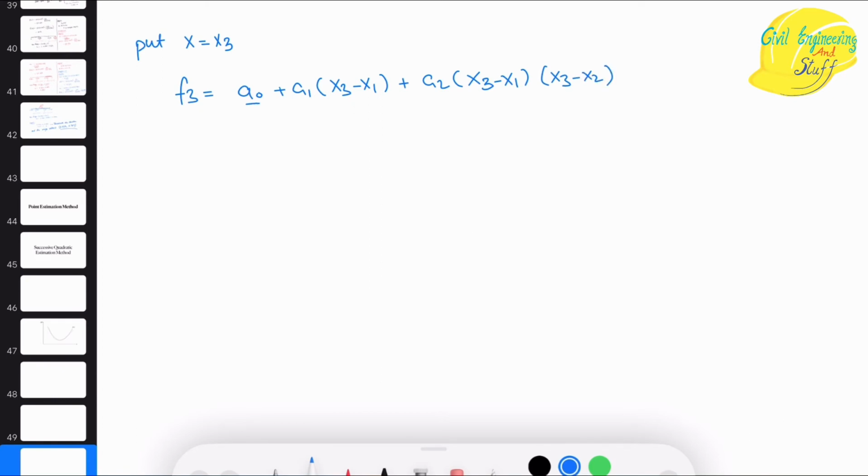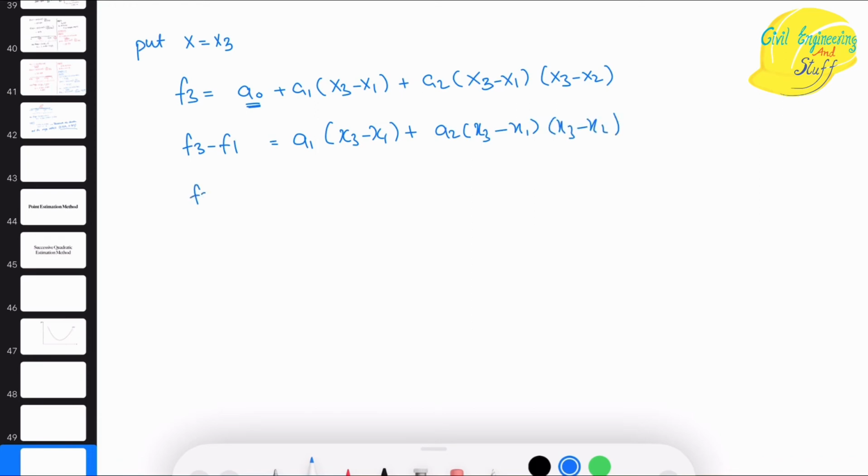So we have the value of a0 from equation 1, right? So this will be f3 minus f1 equals a1 (x3 minus x1) plus a2, let me write it down the same way, (x3 minus x1)(x3 minus x2).